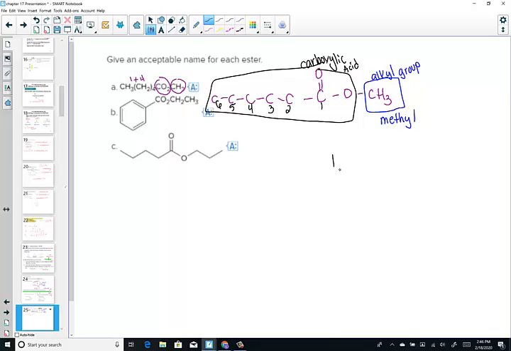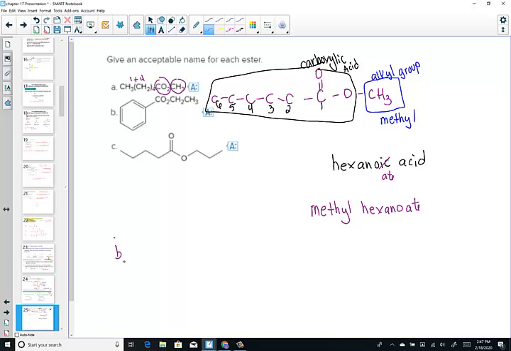It would have been named hexanoic acid, but I'm trying to make sure you see we just take the IC off and turn it to ATE. We don't take OIC. We leave the O there. IC turns to ATE. Put it together. The alkyl group comes first. This is methyl. And then you write hexanoate. Methyl hexanoate, the name of that ester.